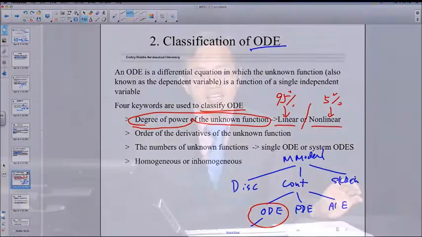The bottom line is, if it's linear, proportional, easy. You can always solve by numerical method, and there are a lot of analytical methods you will learn to solve it. But anything nonlinear, we do not know much, and today it is still very active research in mathematics.